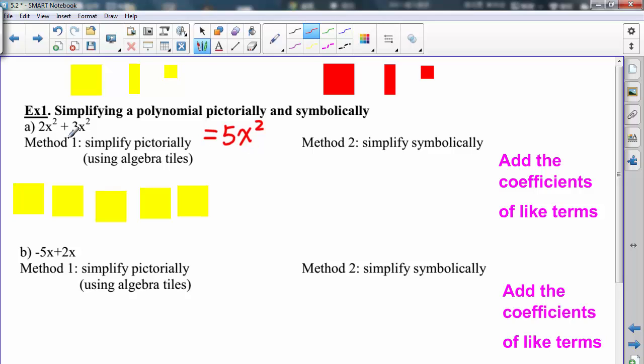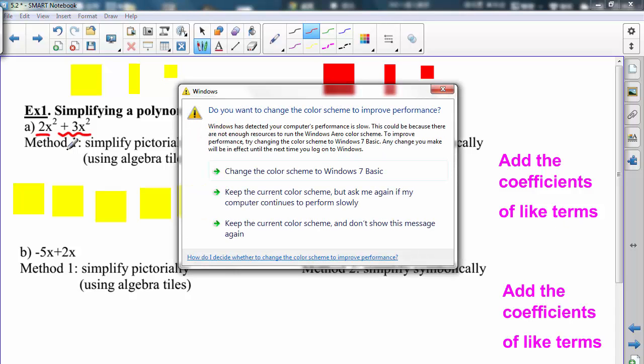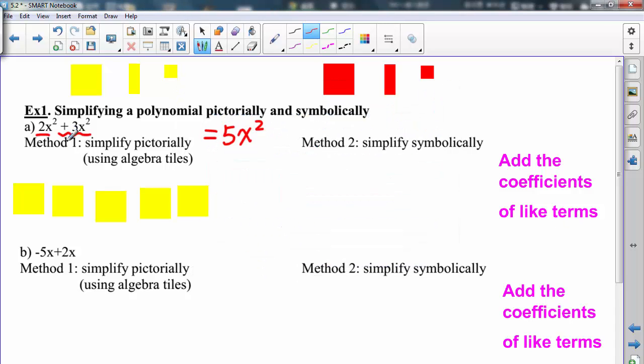Why can I combine them? Because these two terms are like terms. If you look at the algebra tiles, you have the same shape of squares, including the size. If they are like terms, we also can simplify this polynomial symbolically.